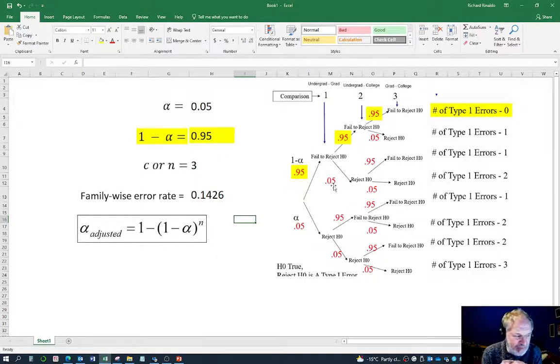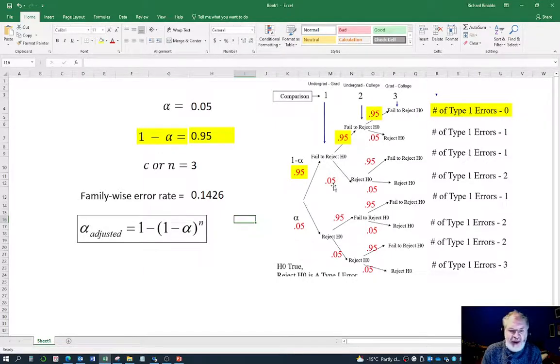Am I running 3 independent t-tests? My family-wise error rate is not 0.05, it's actually 0.1426. So if I were to run this study, I would reject the null hypothesis at least once, 14% of the time. So out of 100 studies, even though the null hypothesis is true, there's no differences amongst the 3 groups, I would reject the null hypothesis 14 times out of 100.